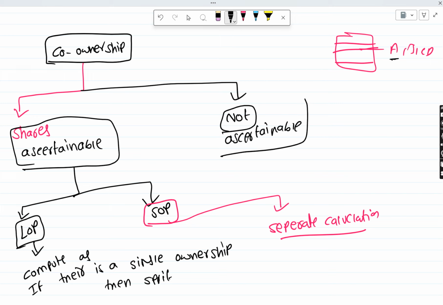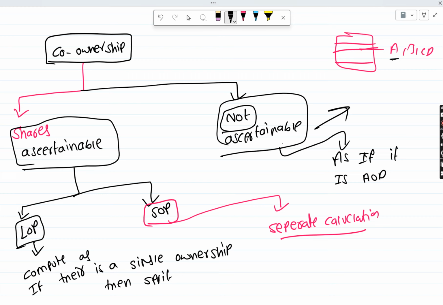If the shares are not ascertainable, in this scenario consider it as if it is an association of persons. Anyway, this is not in our syllabus, so we don't need to worry about it.